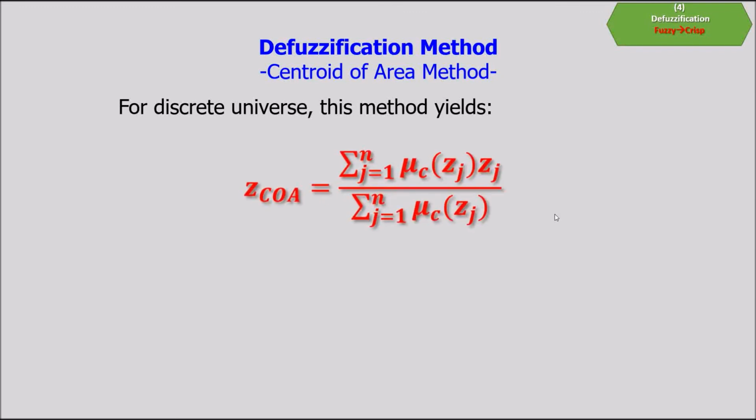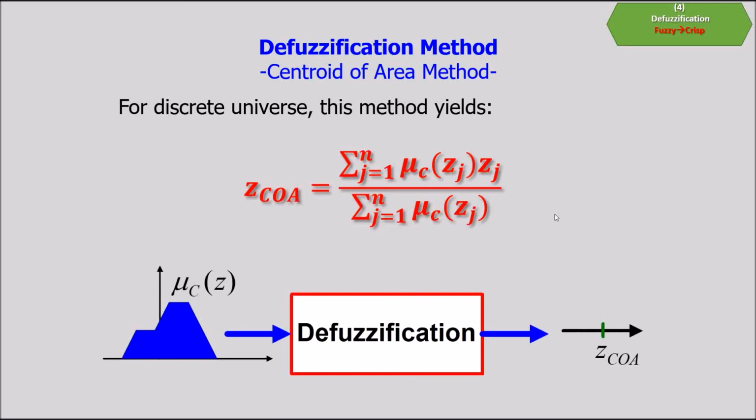Based on this equation, the center of area method is something like a sampling, a digital sampling process, in which you will define some digital points here based on the given resolution. So let's say every integer: 1, 2, 3, 4, 5.